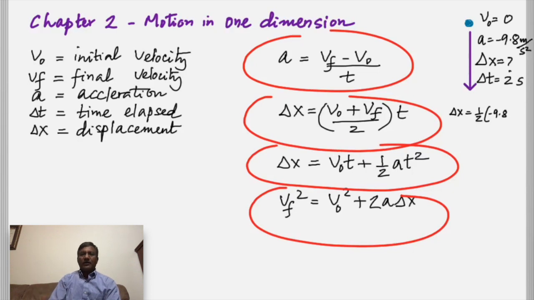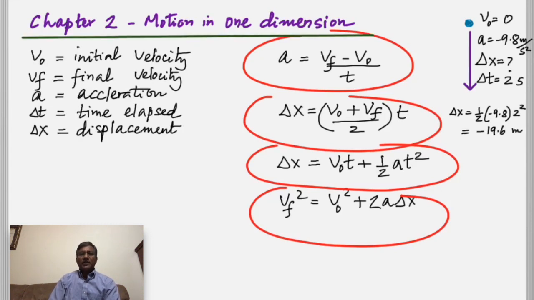And so you only have 1/2 times negative 9.8 times 2 squared, which is 4. And so you get, when you calculate, negative 19.6 meter. So that means this object has moved negative 19.6 meter in 2 seconds. What does the negative show again? That the displacement is downwards.